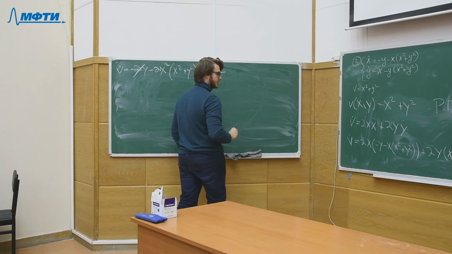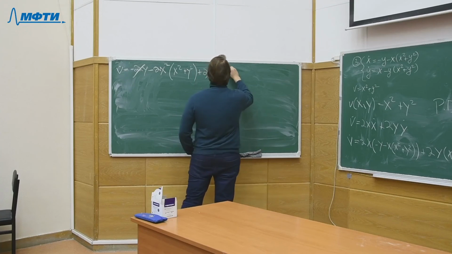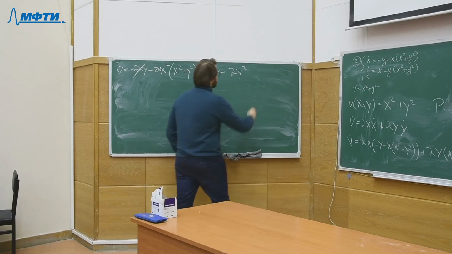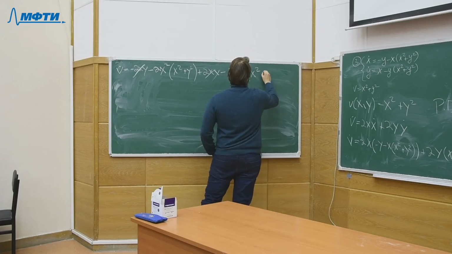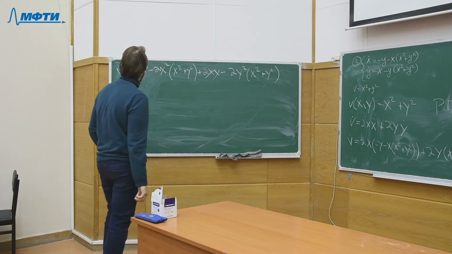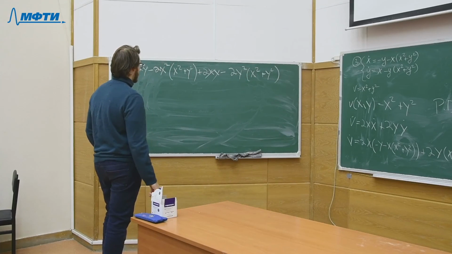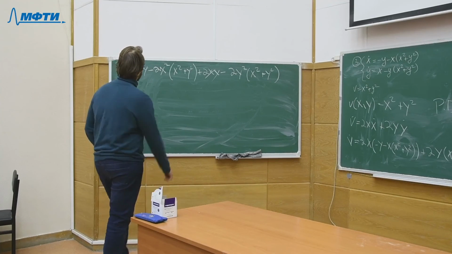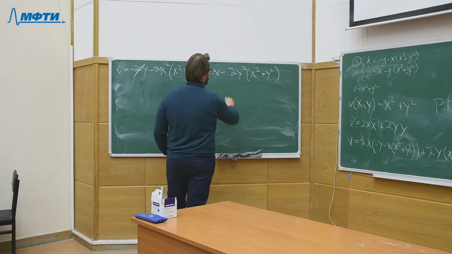Minus 2y squared times x squared plus y squared. And then how to simplify these? Can you factor this?